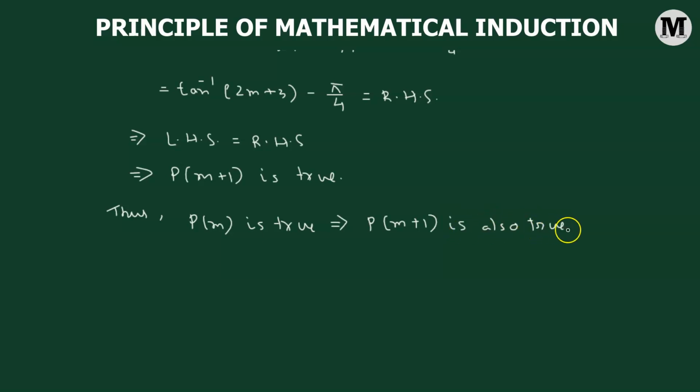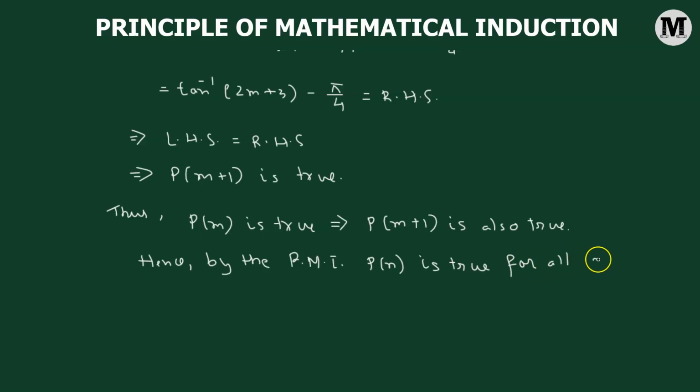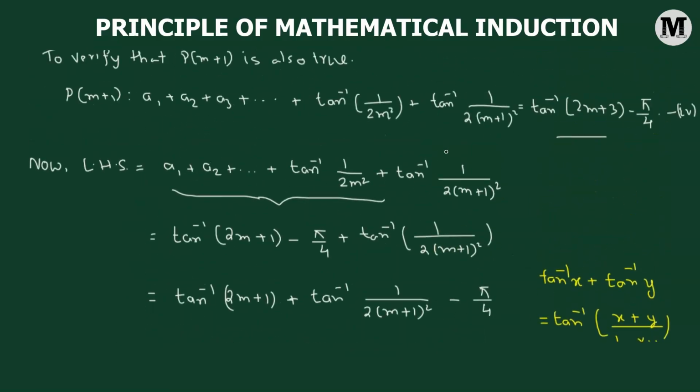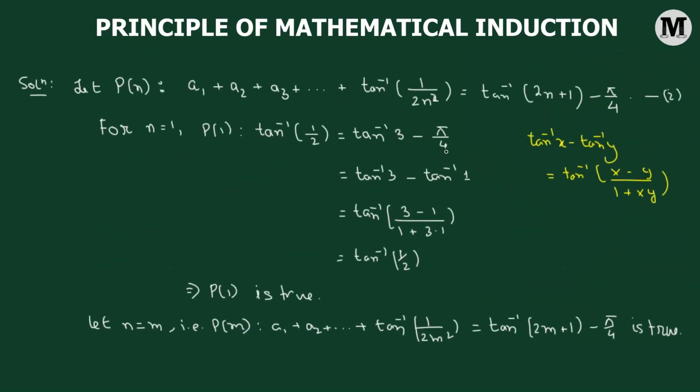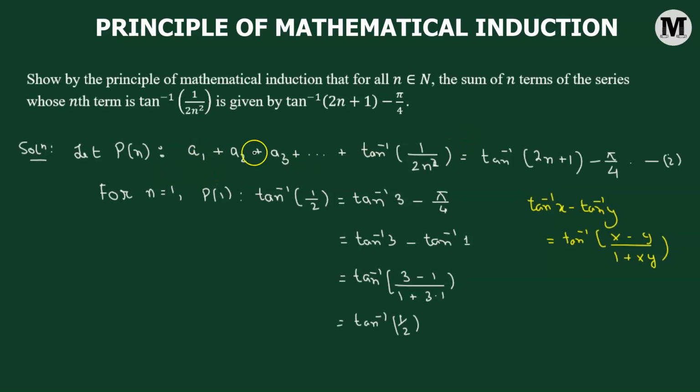Now that we have shown that p of m plus 1 is true, provided p of m is true, we can say by the principle of mathematical induction that our original statement p of n is going to be true for all values of n belonging to the set of natural numbers. That means any natural number that we pick, the original statement p of n, given by statement number 1, is going to be a valid statement. Hence proof.